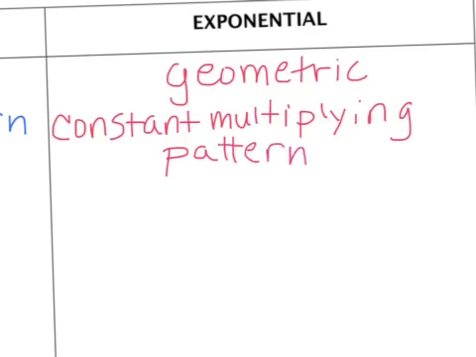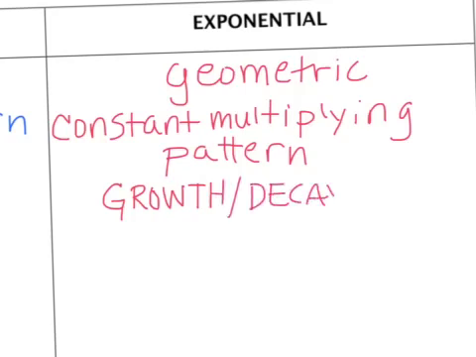So rather than adding over and over by the same number, we're multiplying over and over by the same number. In exponential situations, we don't use the word slope. We'd use the words growth factor. And later on, we'll also talk about the idea of a decay factor. So let's put either a growth or a decay factor.